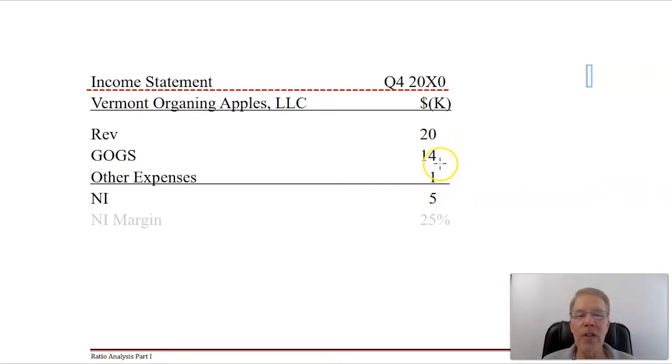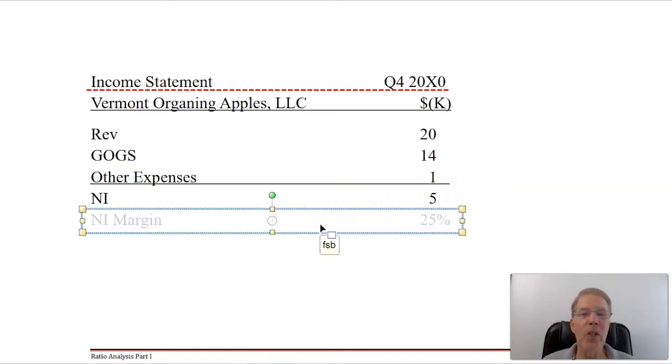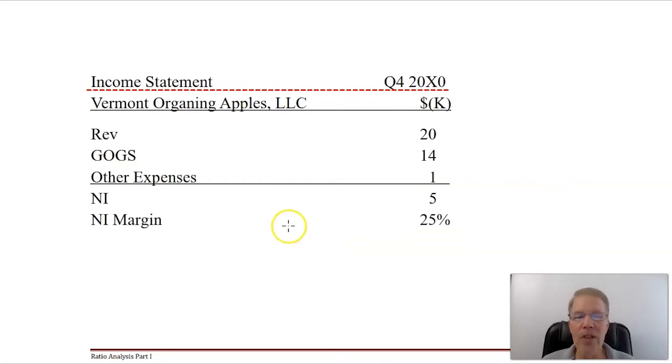So 20 minus 14 minus 1, that's 5. From that we can compute the profit margin, or the net income margin. That would be 5 over 20, and in most circles, that's equal to 25%. So that's looking good. That's a pretty decent profit margin.